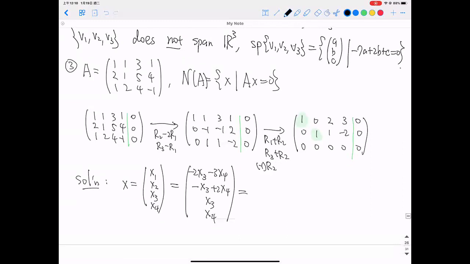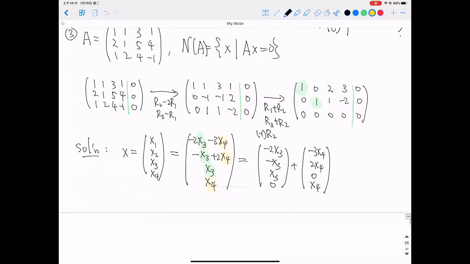And we can split this into two terms, one proportional to x3, the other proportional to x4, just like before. Minus 2 x3, minus x3, x3, 0, minus 3x4, 2x4, 0, x4. And factoring out x3 and x4 would then tell us the following expression.